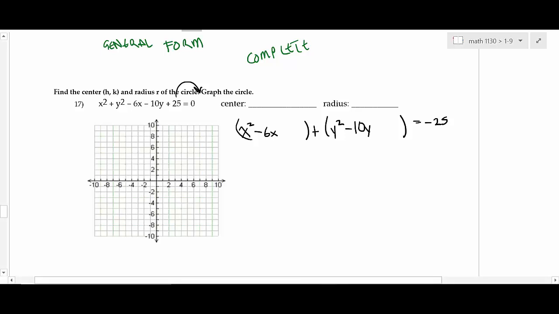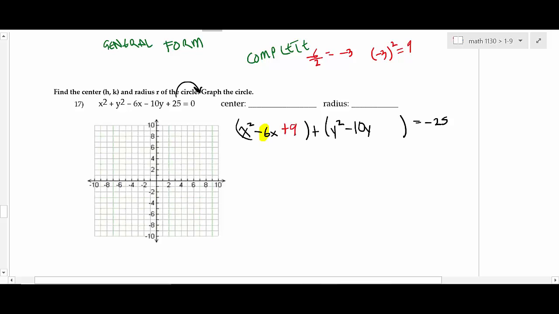And then we're going to complete the square. Let's go through how we complete the square. We learned how to do this before. What do you do with the 6? You take half of it, which gives you negative 3. Then you square that to get the perfect square 9. You put the plus 9 there, right?